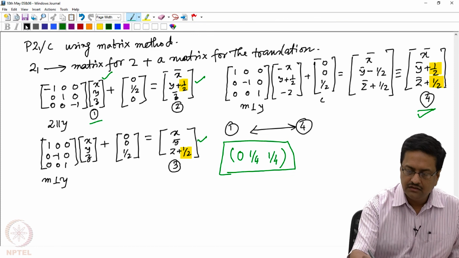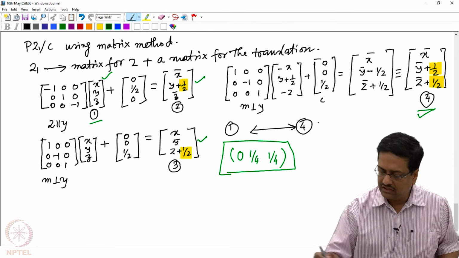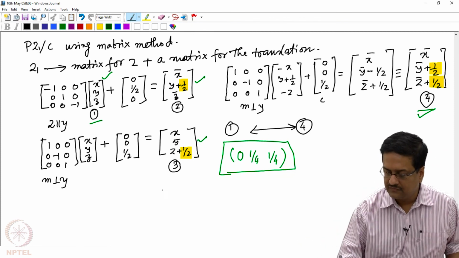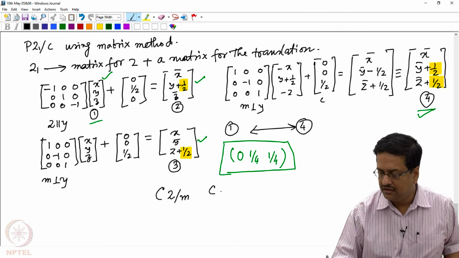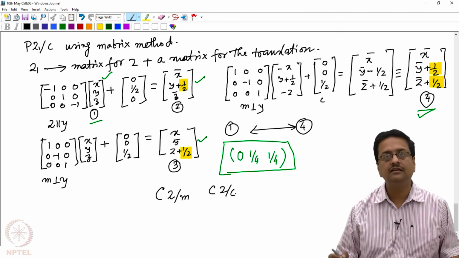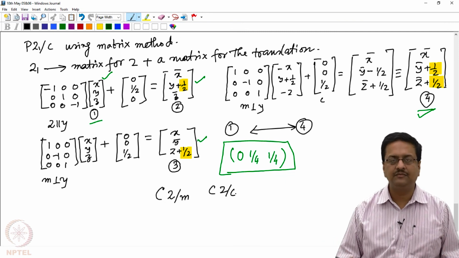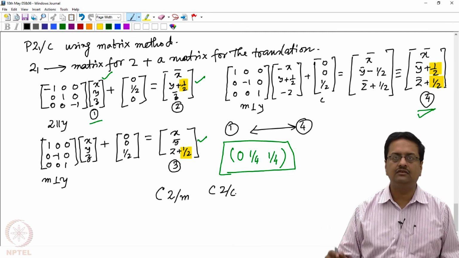So, as your take home exercise may be to derive the equivalent points for C2 by M and C2 by C as well, using both matrix method and by drawing the figure.